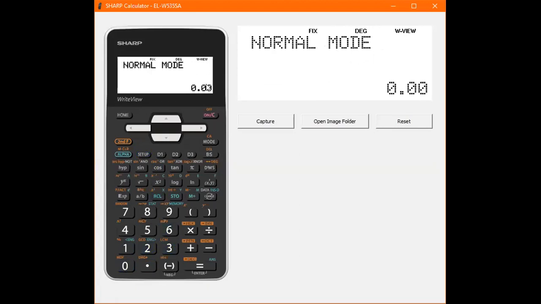Now when I do a calculation like this, you'll see that when I change it to a decimal, it automatically converts it to 2 decimal places and not any more than that.